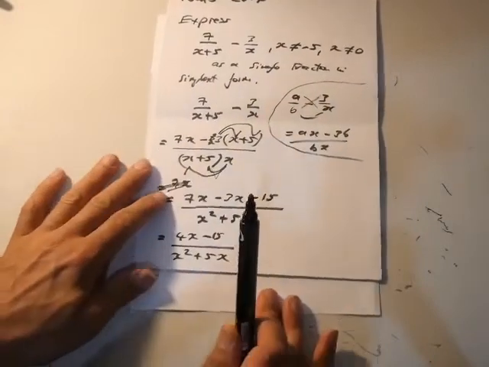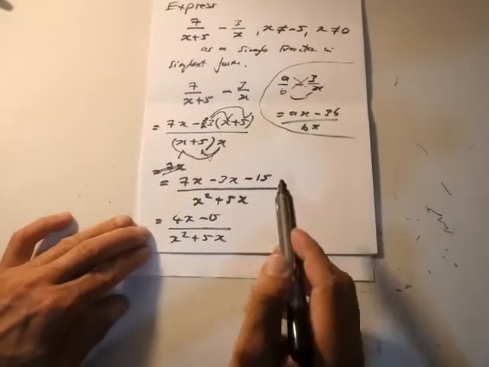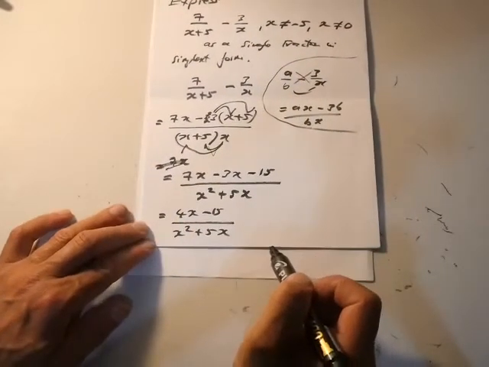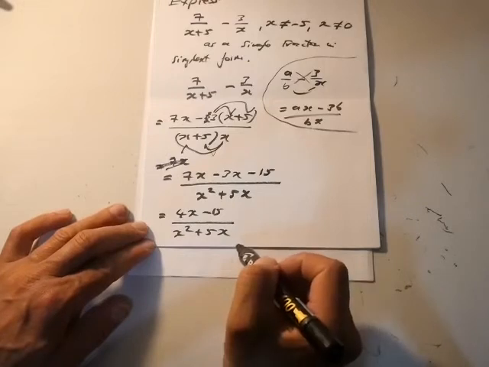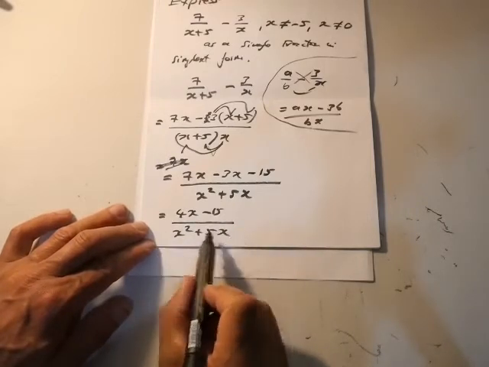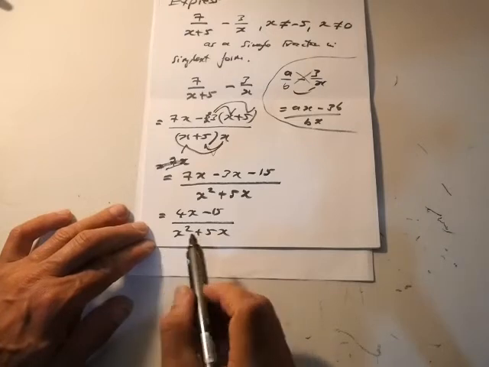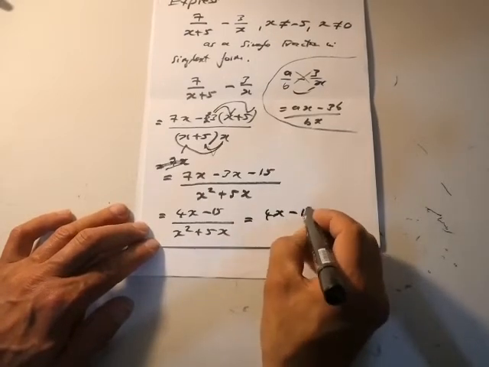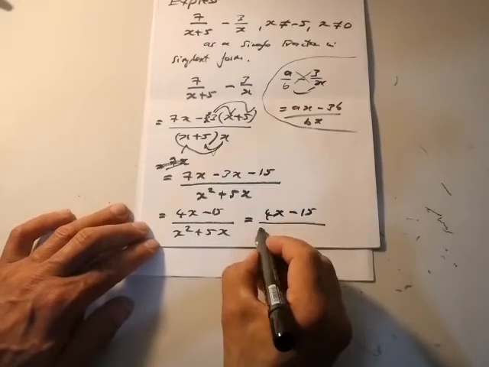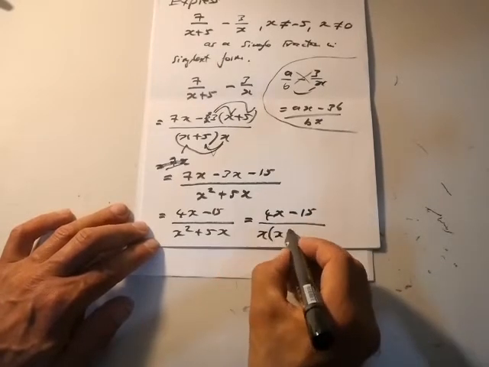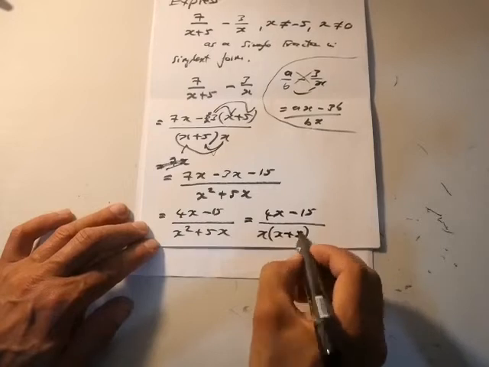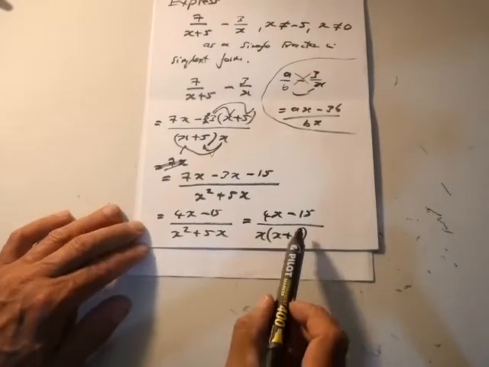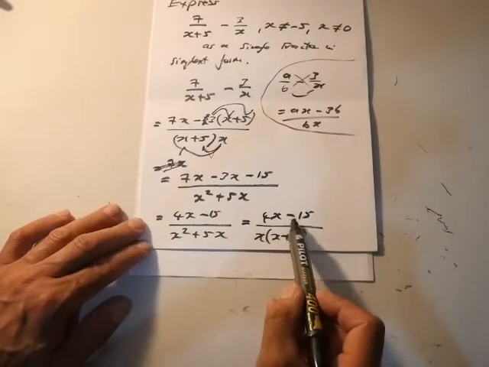Maybe that's clear. So can we simplify this further? You could factorise the x out, x times x plus 5, but I don't think it's going to make a lot of difference, because you can't simplify the top, okay?